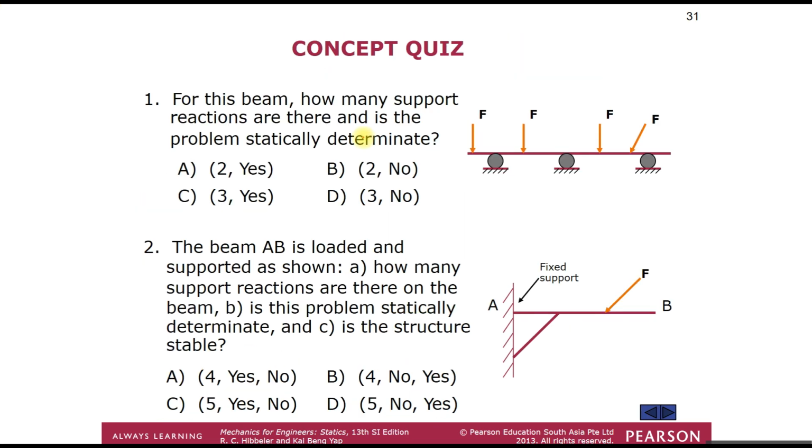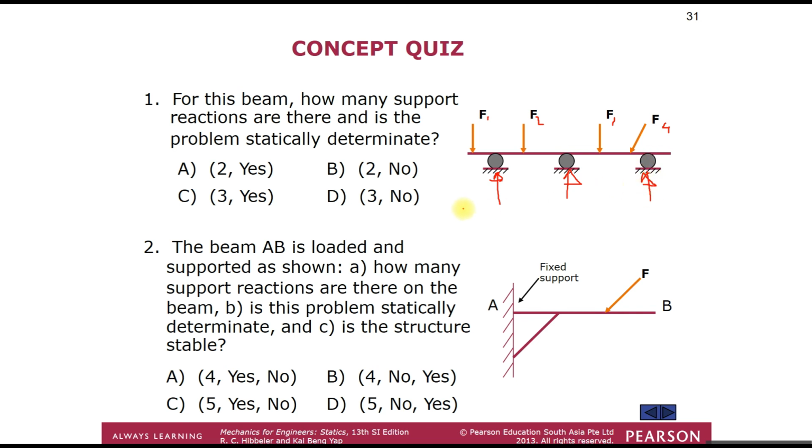So we see here for this beam, how many support reactions are there, and is this problem statically determinate? If all these forces, we call them F1, F2, F3, and F4, are known, we know their values. Then we have the reaction forces here, because this is a roller.